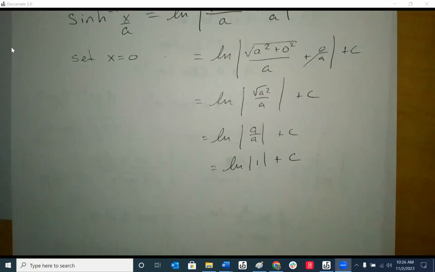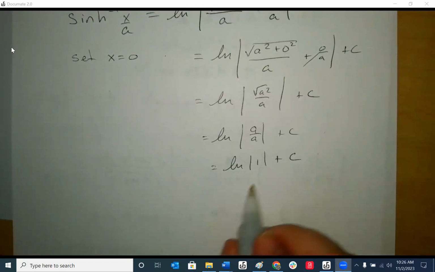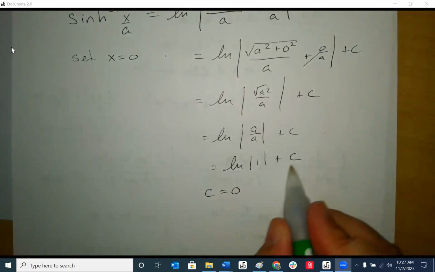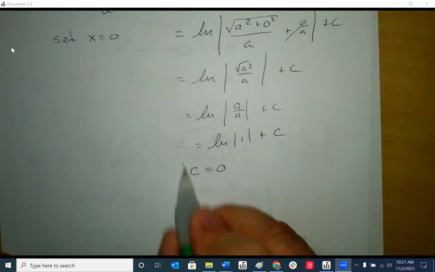The ln of 1 is 0. So our constant, setting this equal to 0, c equals 0.